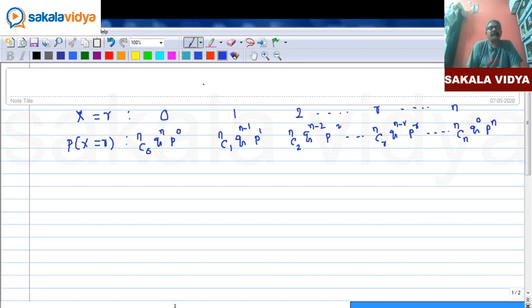Since it is a random variable, we know that the sum of P of X equal to r is equal to 1.